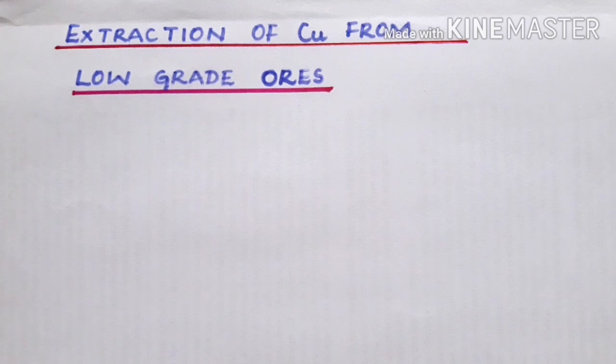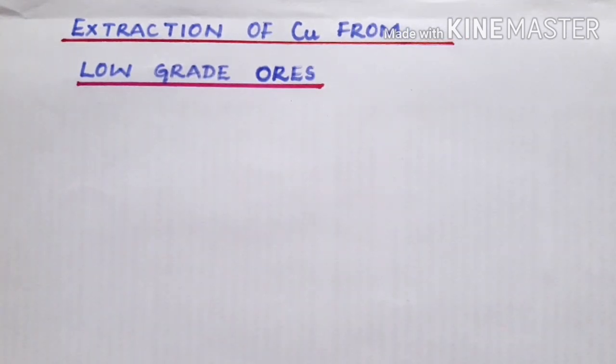Next, you will be learning about extraction of copper from low-grade ores. The process of electrometallurgy or hydrometallurgy is used for isolation of copper from low-grade ores.